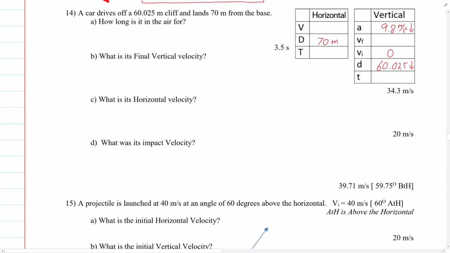And with this amount of information, we can get the time through that. T is equal to the square root of 2d over a. But again, and let's just highlight it yellow, just put that emphasis, this only can be done if this is 0. And we'll do the square root of 2 times 60.025, all divided by 9.8.